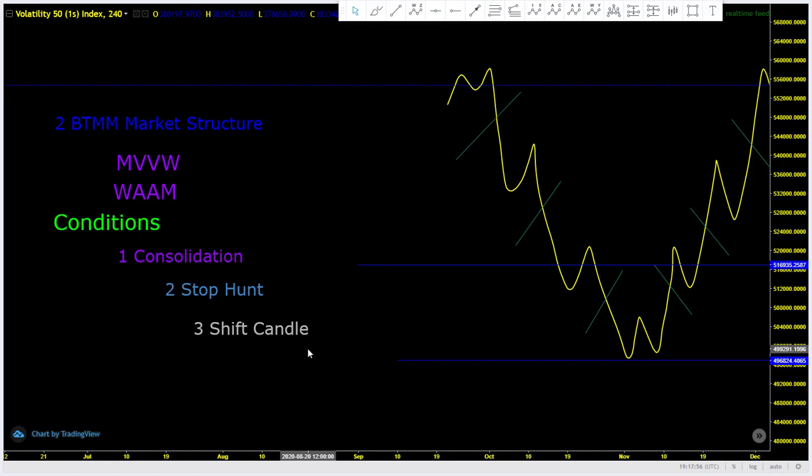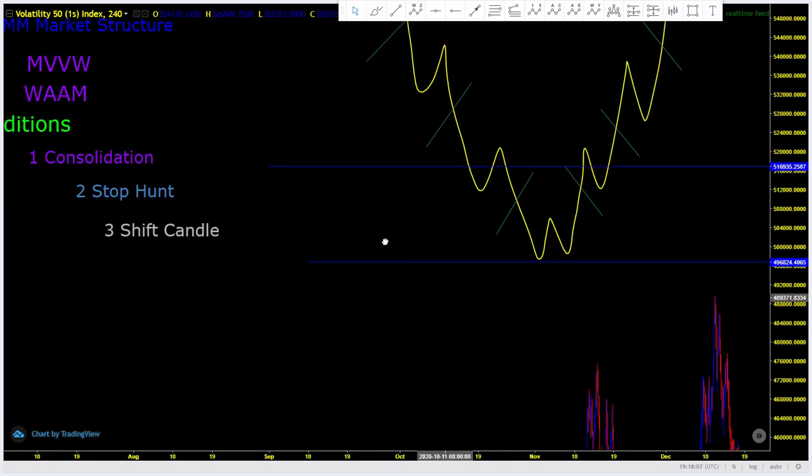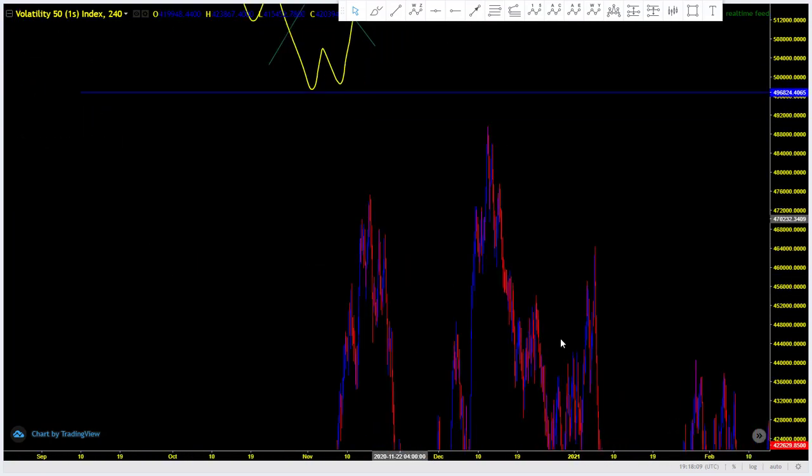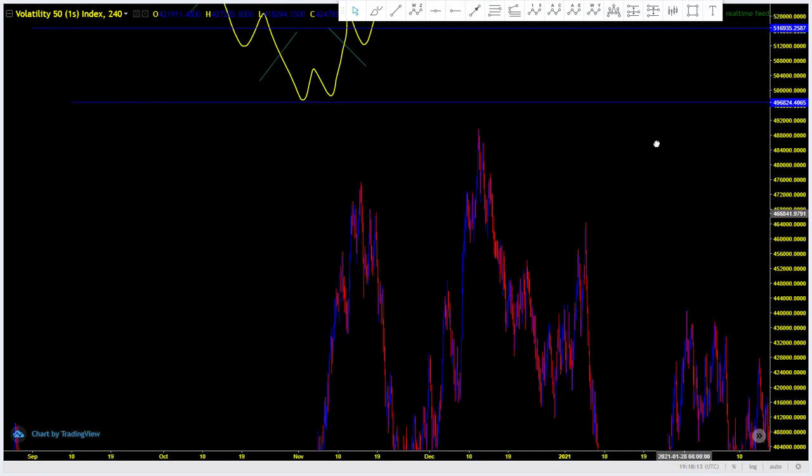What is a shift candle? I'm going to explain what a shift candle is when we are on real market price. So let's just drop down here to price action, so that you see what I'm talking about as we look at the price.